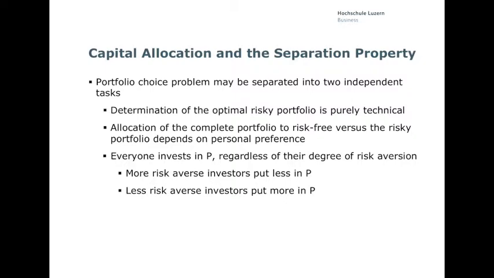Here, the client is the decision maker. In practice, different managers will estimate different input lists, and therefore derive different efficient frontiers and offer different optimal portfolios to their clients. More risk-averse investors put less in P, less risk-averse investors put more in P.